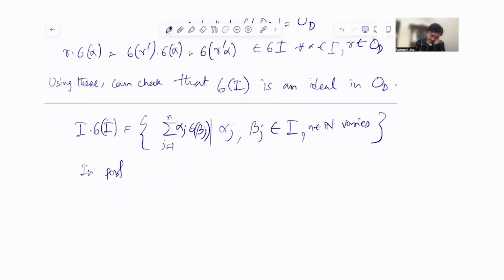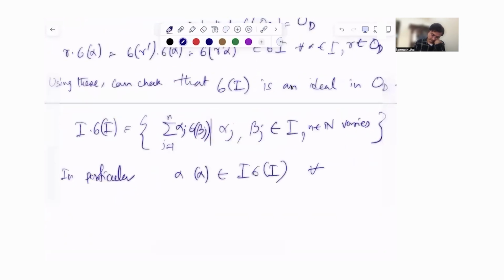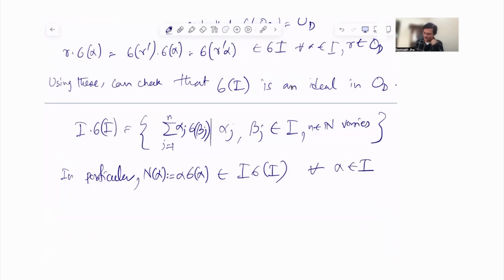In particular, alpha times sigma of alpha, which is the norm of alpha, belongs to I times sigma I for all alpha belonging to I, right?